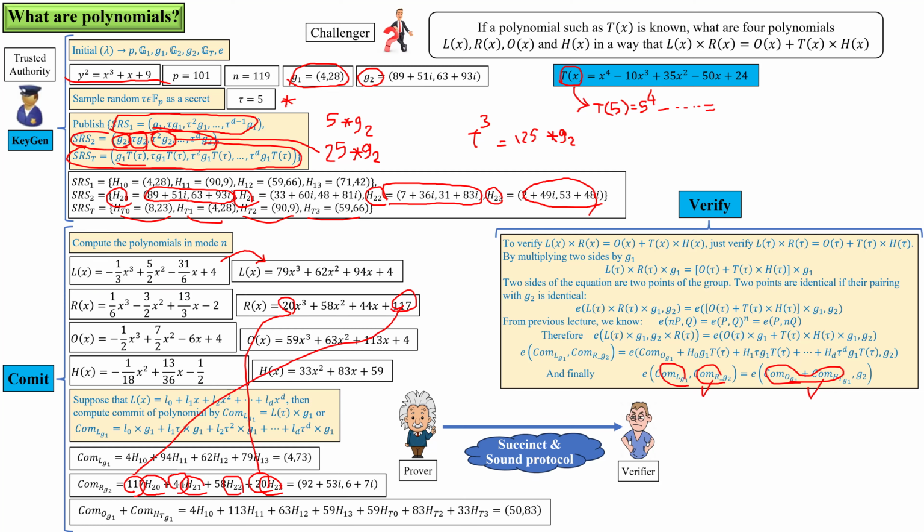With the same pattern, the prover computes the commit of O of x by this part, and the commit of h of x tau of x by this formula.